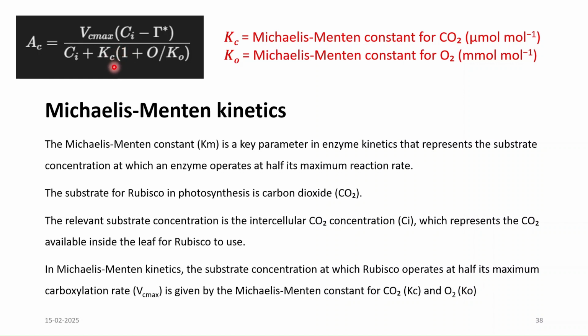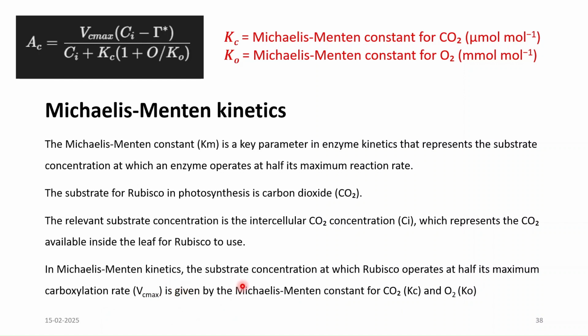So Kc represents the substrate concentration, which is nothing but carbon dioxide concentration, at which the enzyme will operate at half its maximum reaction rate. So Kc is the concentration of intercellular carbon dioxide at which the enzyme Rubisco will act at half its maximum reaction rate. Here the reaction rate is Vcmax for carbon dioxide, that is the maximum rate of carboxylation.